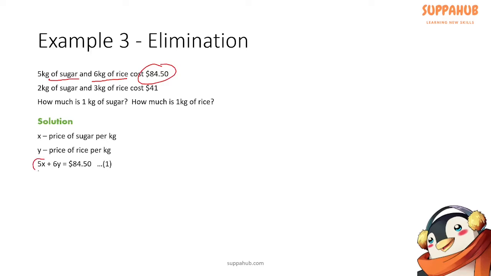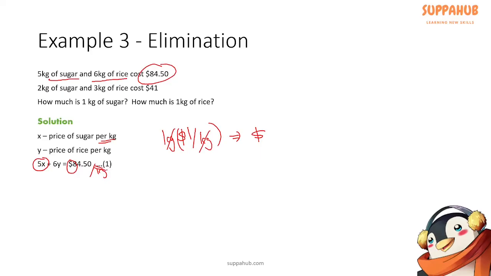So you have 5x. Again, look at the units. You have 5 kg here, and x is the price, so the price is per kg, which is written as dollar per kg. So for example, if it's $1 per kg, you can see the kg cancel off each other, so in the end you have dollars, which matches the right side because there's no kg there.